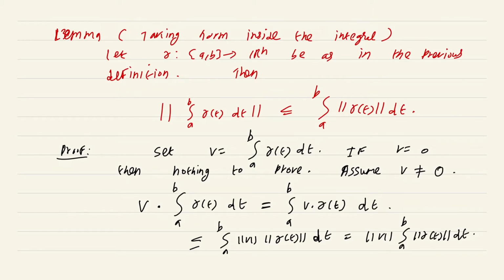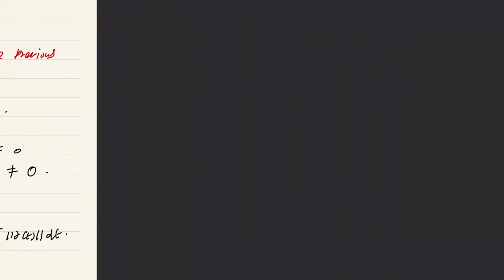Now observe that the left hand side, what we started off with, is nothing but norm v squared. So what we get is norm v squared is equal to norm v times the integral from a to b of norm gamma of t dt. And of course I can cancel off one of the norms. This is not equal to, this is less than or equal to, sorry about that.